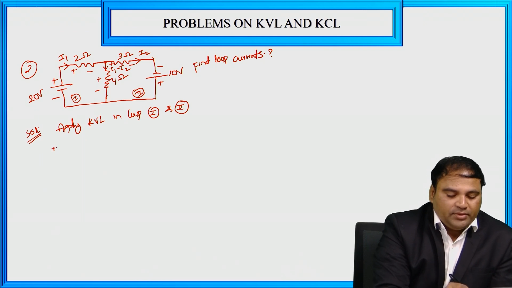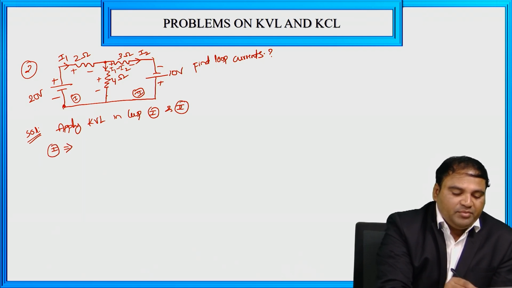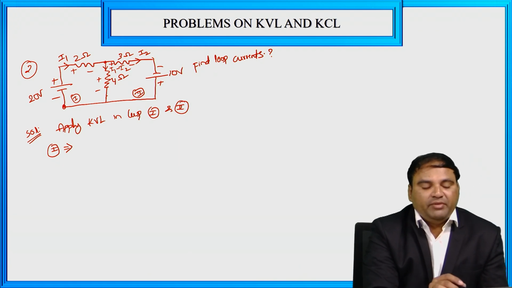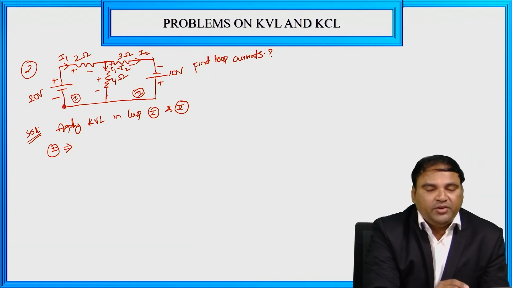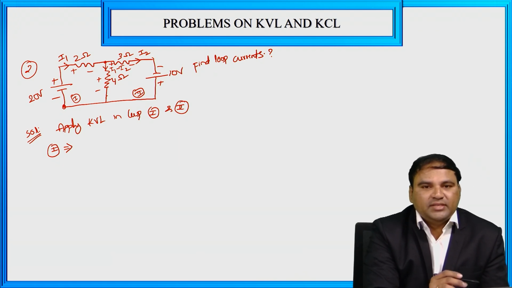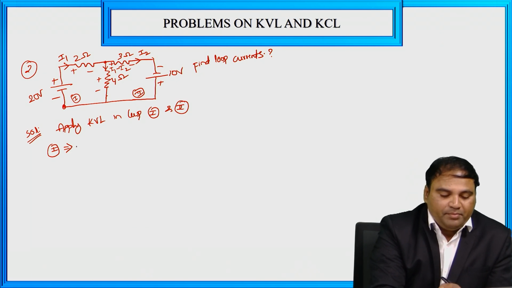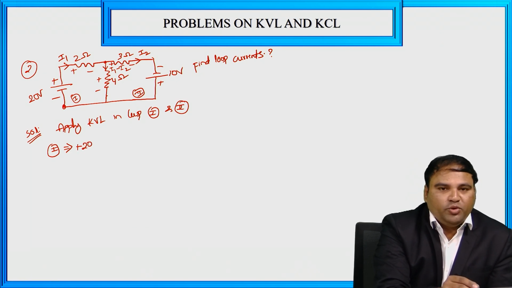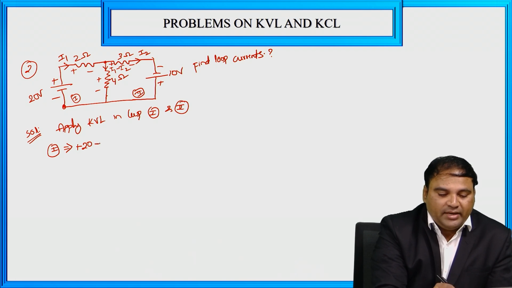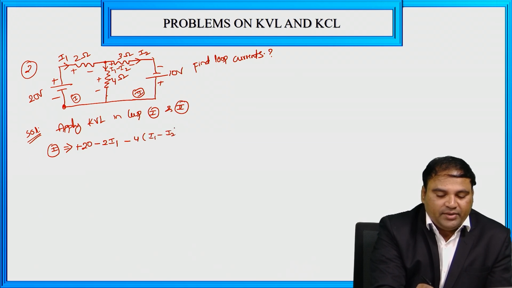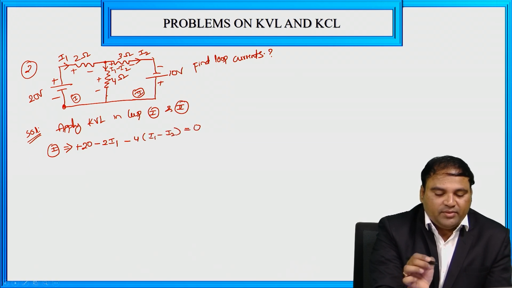The first loop equation: I am starting from this point, and when starting from this point we always take the second polarity. So the second polarity is plus, voltage is 20, and at 2 ohm the second polarity is minus 2I1. Here minus 4 into (I1 minus I2), that is equal to 0.